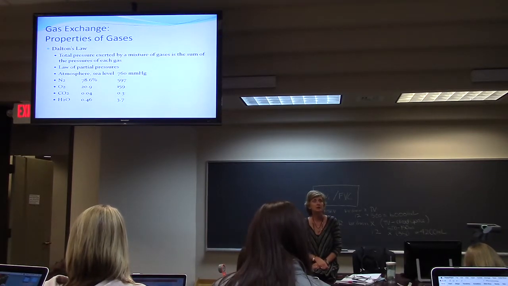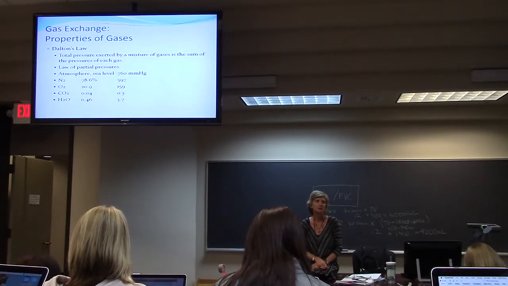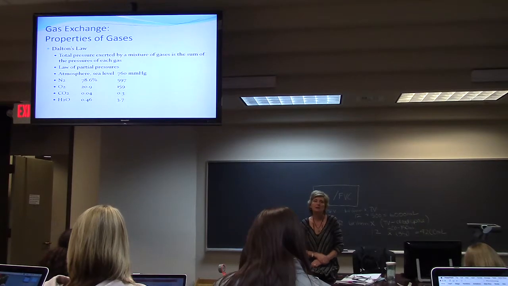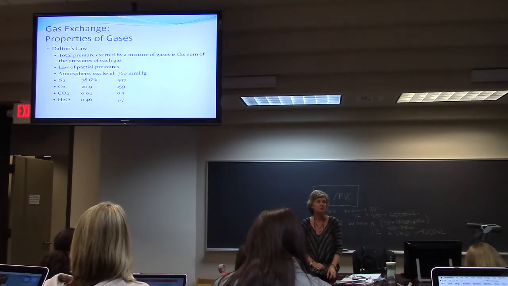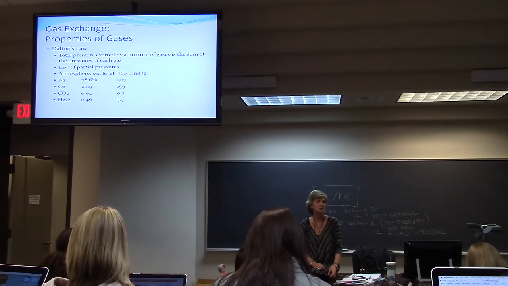Oxygen, 21% of what's in the atmosphere at a pressure of about 160. CO2, really low. And then a certain amount of water, although that's not a gas, is dispersed in the air.